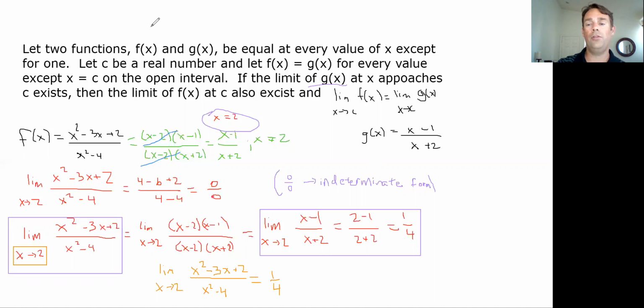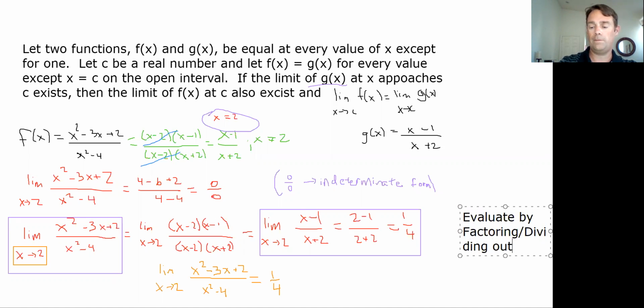This right here is one of the ways we can rewrite. We can evaluate by factoring, and some people call it dividing out. So we're evaluating it by factoring out or dividing out. So that's what this one is called.